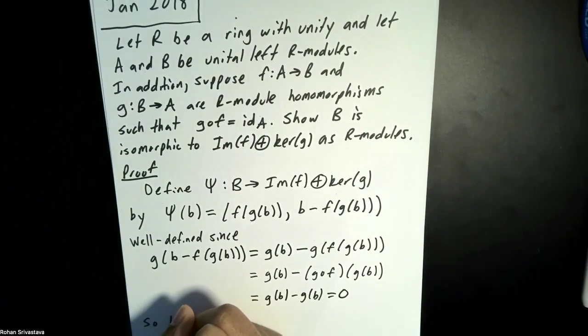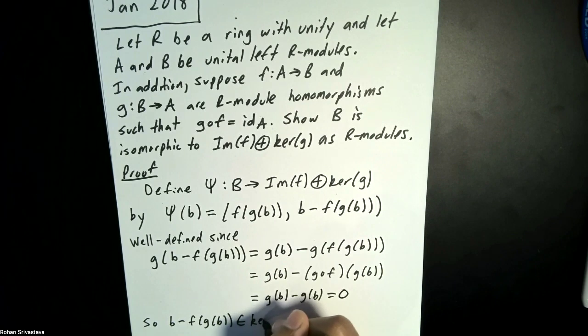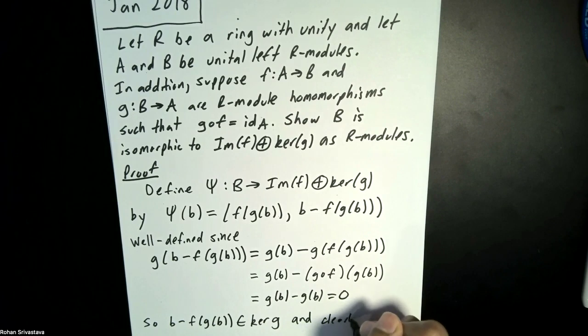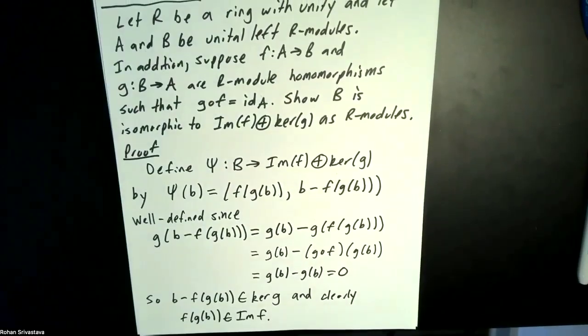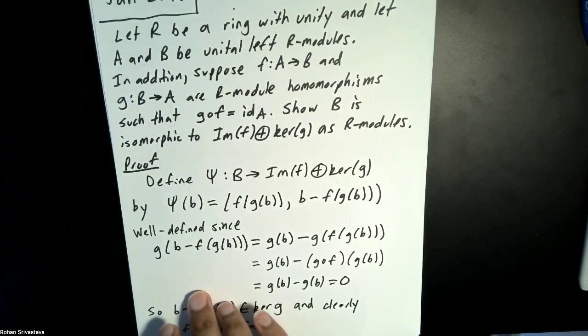So b minus F of G of b is in the kernel of G as we need it to be, and also clearly F of G of b is an element of the image of F. Okay, so this is a valid way to define our map, and now we need to check that it is an R module homomorphism and that it is bijective. So let's do that. First, we'll check that it's an R module homomorphism.